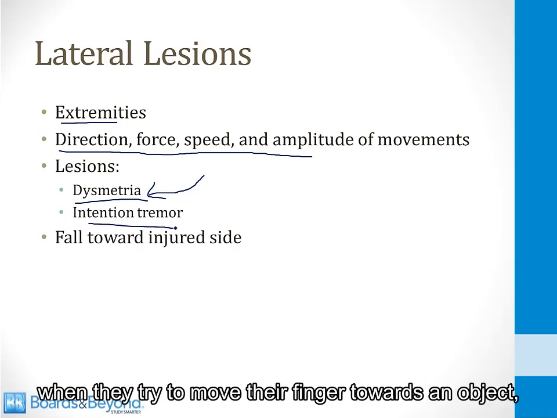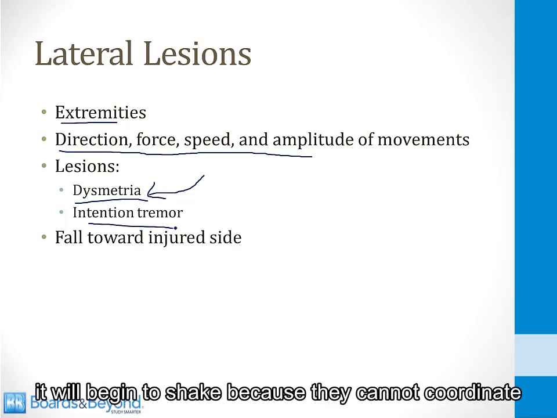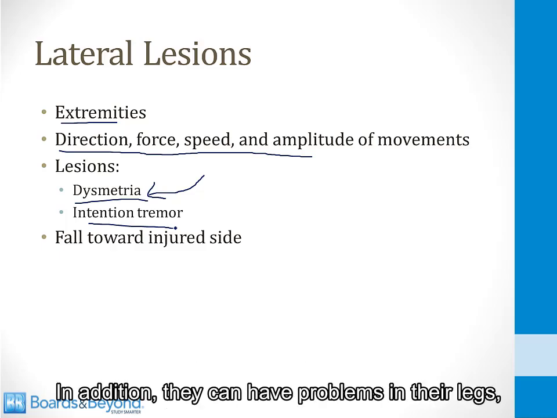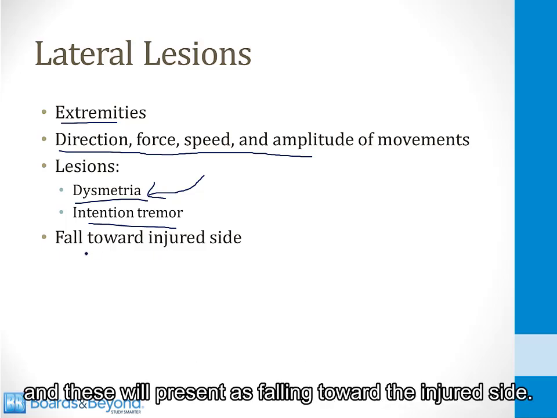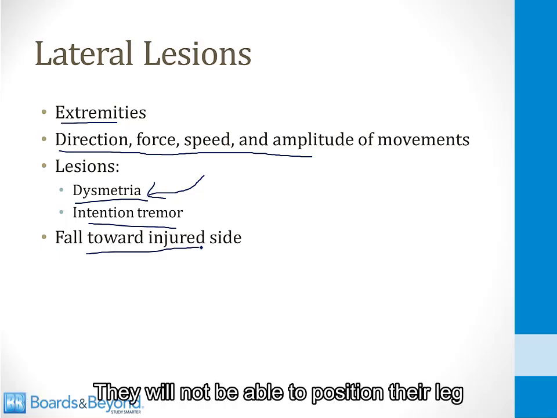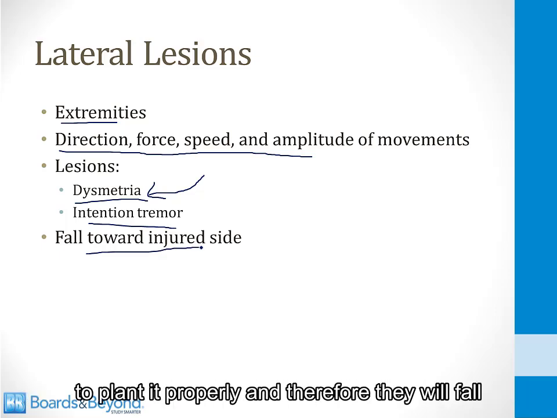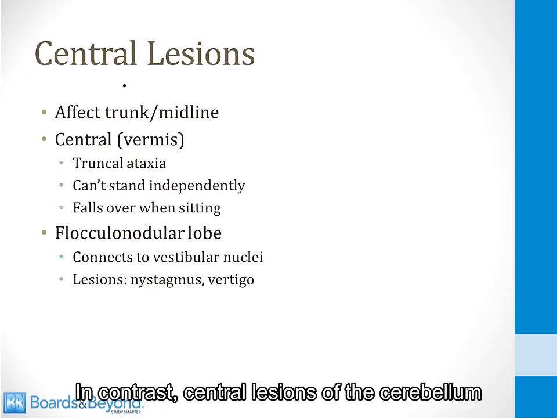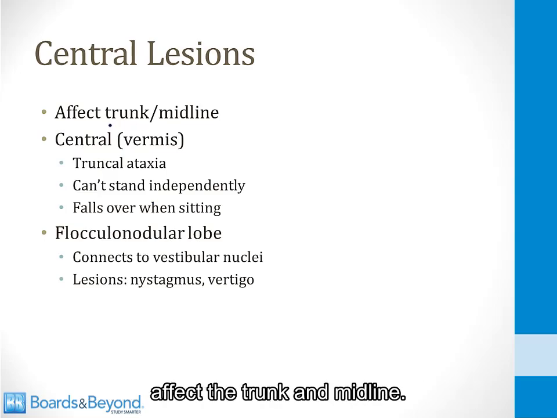When they try to move their finger towards an object, it will begin to shake because they cannot coordinate that movement because of a lateral lesion of the cerebellum. In addition, they can have problems in their legs, and these will present as falling toward the injured side. They will not be able to position their leg to plant it properly, and therefore they will fall towards the side of the lesion.